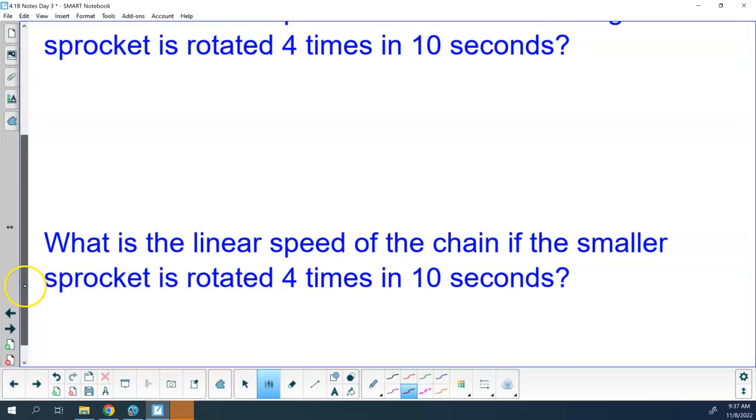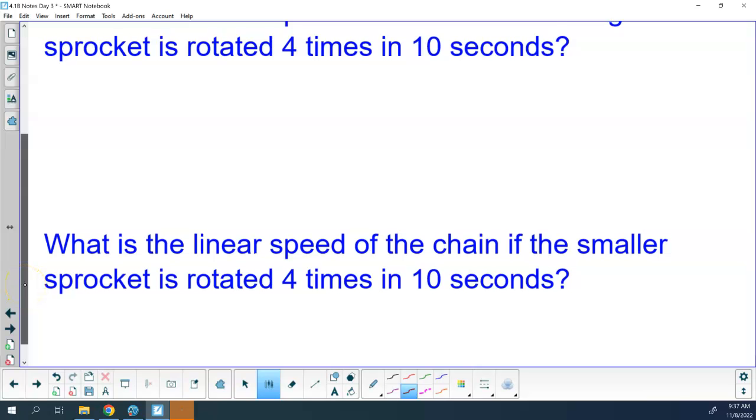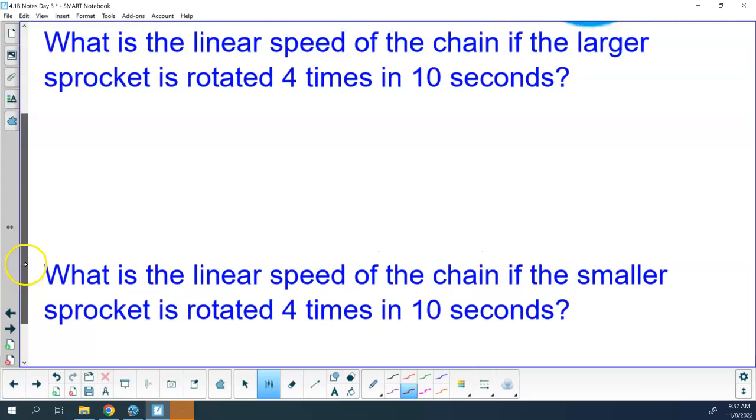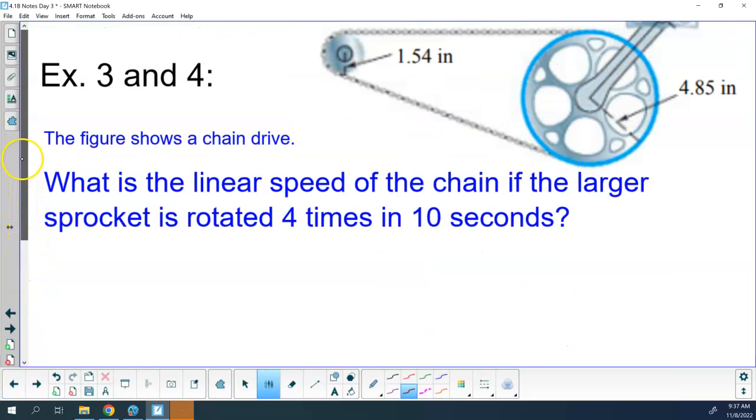I want the linear speed of the chain if the smaller sprocket is rotated 4 times in 10 seconds. Okay? So linear speed of the chain if the larger one is rotated 4 times in 10 seconds. Linear speed of the smaller one if it is rotated 4 times in 10 seconds. Okay? Go.